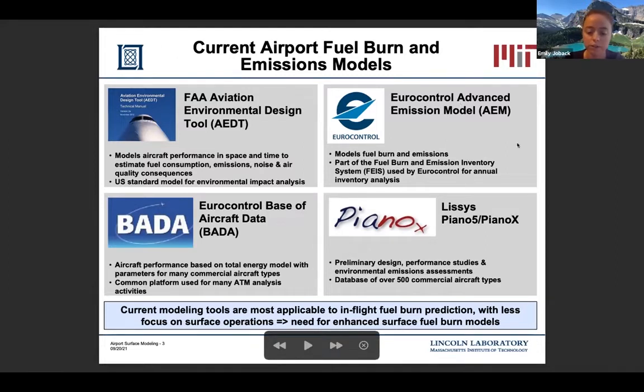This one also calculates fuel burn and emissions for aircraft. And likewise, 2 other models listed at the bottom here, the EUROCONTROL Base of Aircraft Data, or BADA, and the LISI's P&OX model also model aircraft performance. All these models focus on estimates during the flight phase. So there is a need that exists for developing a more enhanced model that focuses on surface operations. Next slide.